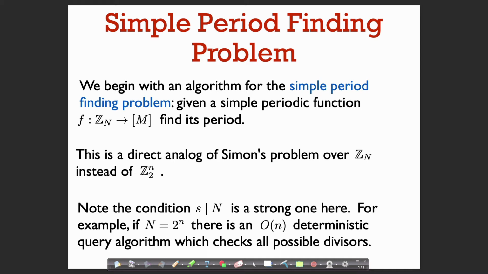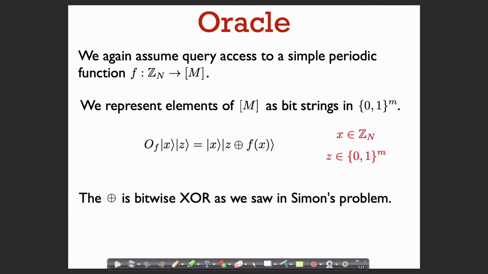So this is actually quite an easy problem, even for a deterministic algorithm. The interesting thing is that when you go to the almost periodic function case, that becomes a hard problem classically, but the quantum algorithm generalizes to that case as well.